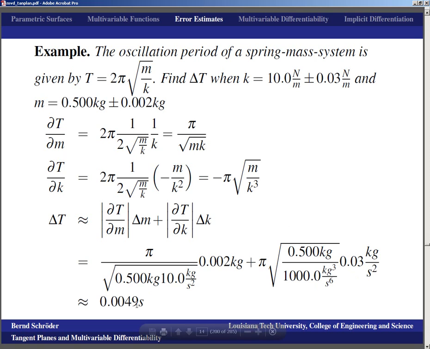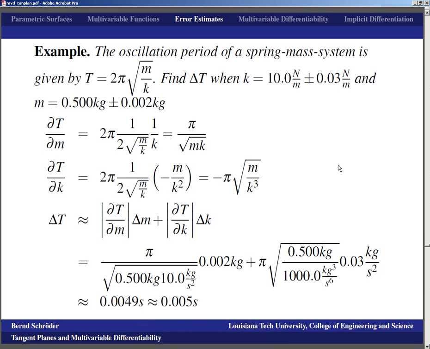And that gives us then, when you work it out with a calculator, that the error is approximately 0.0049 seconds. So that tells us that even if we have a comparatively crude measurement of the spring constant as well as of the mass, we're getting a pretty good measurement of the period of the pendulum out of it, because this is accurate down to 5/100ths of a second.